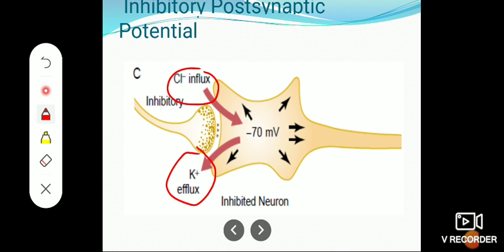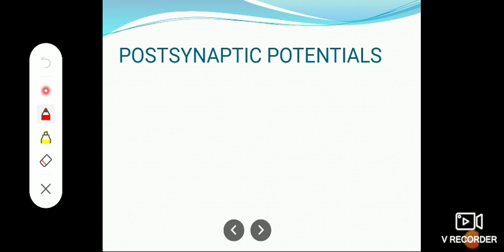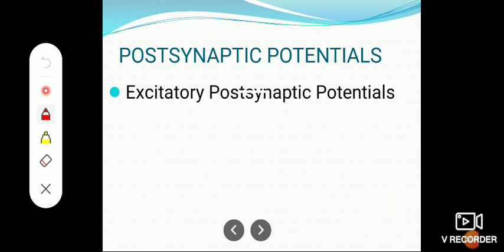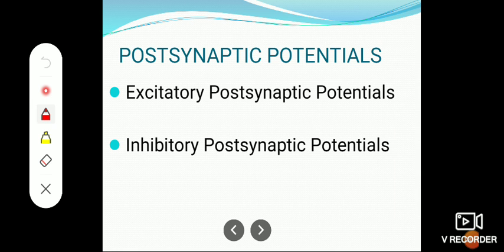So the response is only of two types, either inhibition or excitation. Postsynaptic potentials are of two types: excitatory postsynaptic potentials or inhibitory postsynaptic potentials. So basically if you understand, CNS is in between these three or four things only: neuron, synapse, and in the synapse either excitation or inhibition. In this way we are going to understand the different functions of the nervous system.